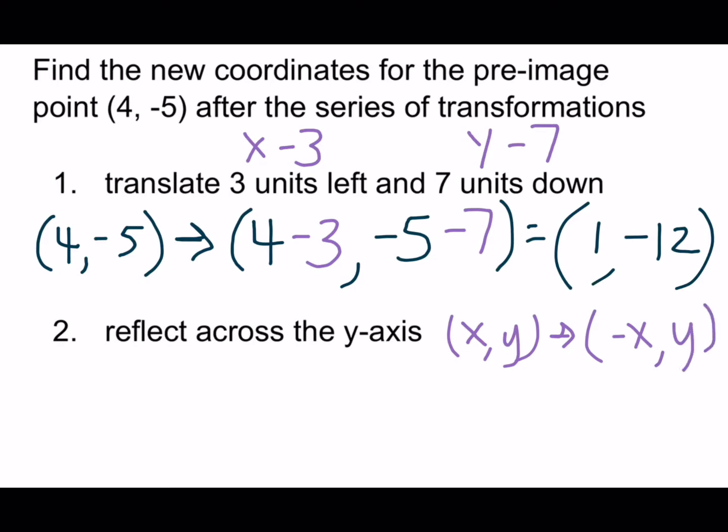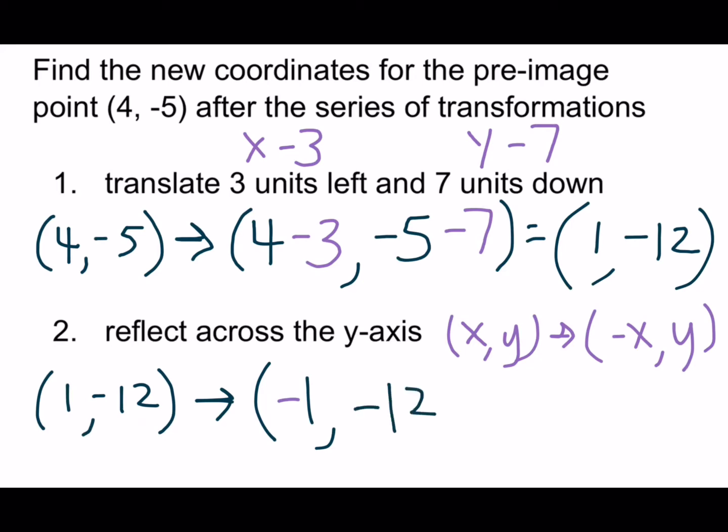So we are going to take 1, negative 12 and change that. All right, so that means the x-coordinate becomes the opposite, so negative 1. And then your y-coordinate stays exactly the same, so it is going to be negative 12. So that means your new coordinates are negative 1, negative 12. And you're done.